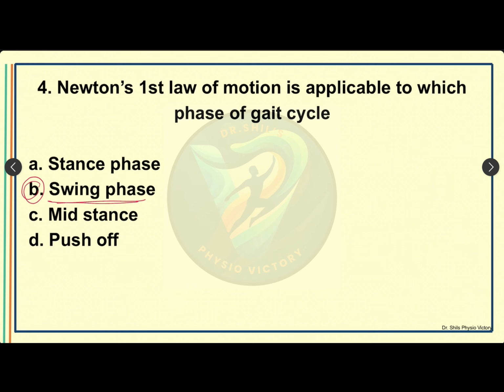Newton's first law says a body continues in its state of rest or motion unless acted upon by an external force. During swing phase, the limb behaves like a pendulum. Once initiated, the leg continues swinging due to inertia. Therefore, the swinging limb movement follows Newton's first law.